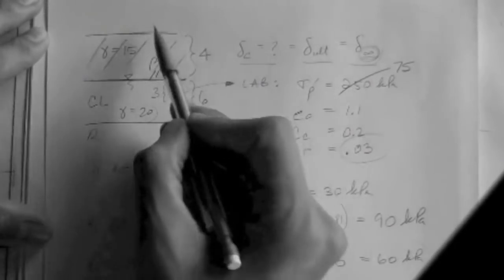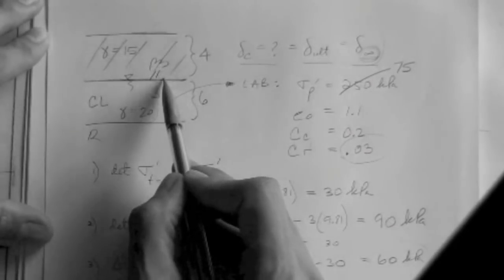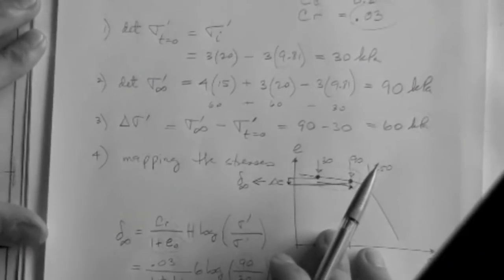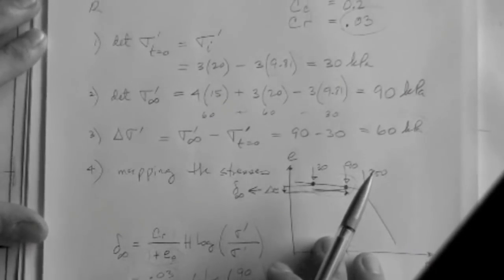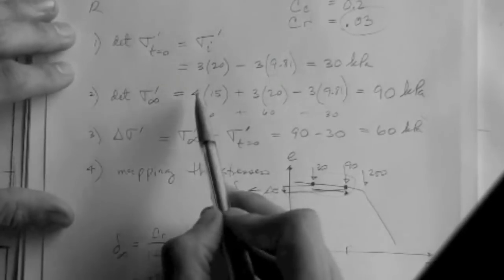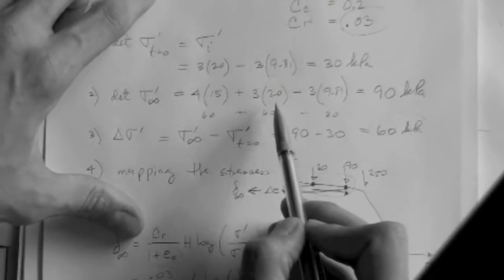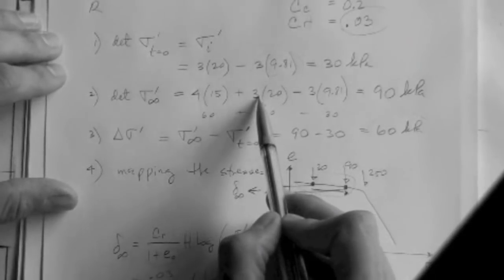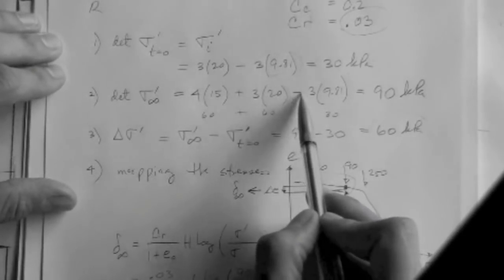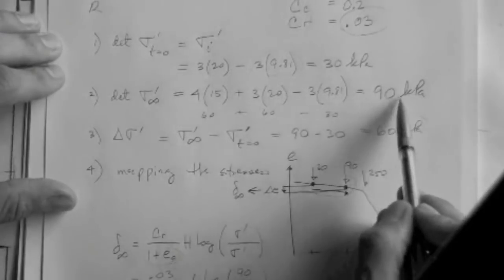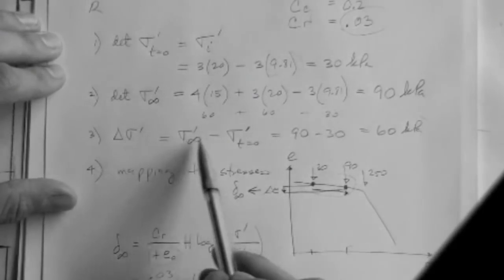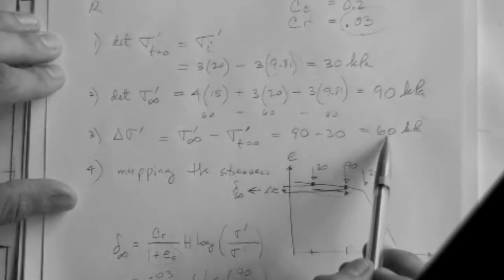That is at time equal infinity, the ground surface is there, not here. So we calculate our effective stress at that time, at time equal infinity, as 4 times 15 plus 3 times 20, okay, which is the 3 meters of saturated clay minus 3 meters of water. We get 90. That means that the load, which is the difference, is 60.